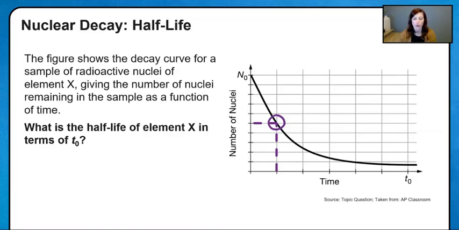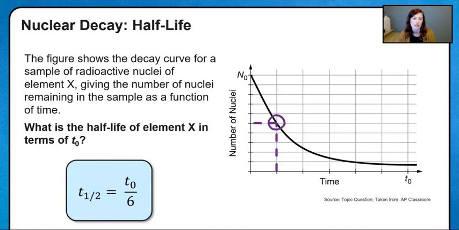And I can go another T0 over 6, and I see that I end up with half of what I had just before that. So every time a period of time T0 over 6 elapses, the number of radioactive nuclei has decreased by half.